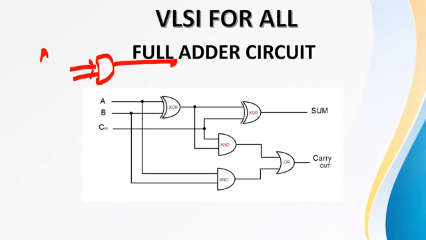This is A and this is B, and we have C in here. We are XORing and we are getting the sum.